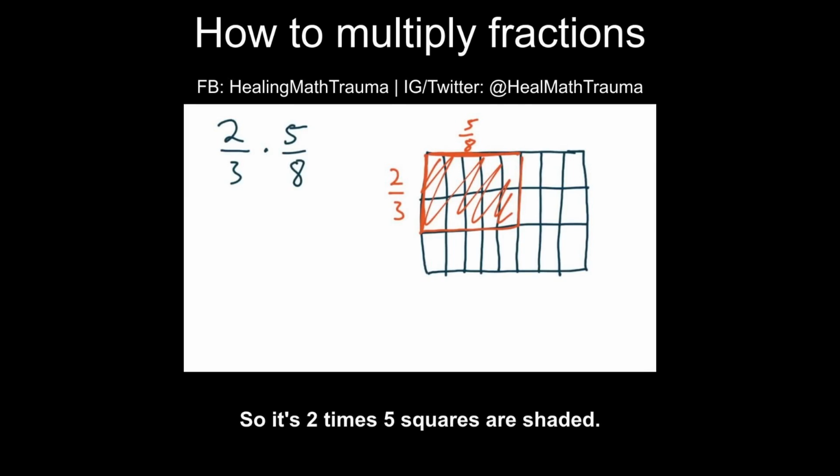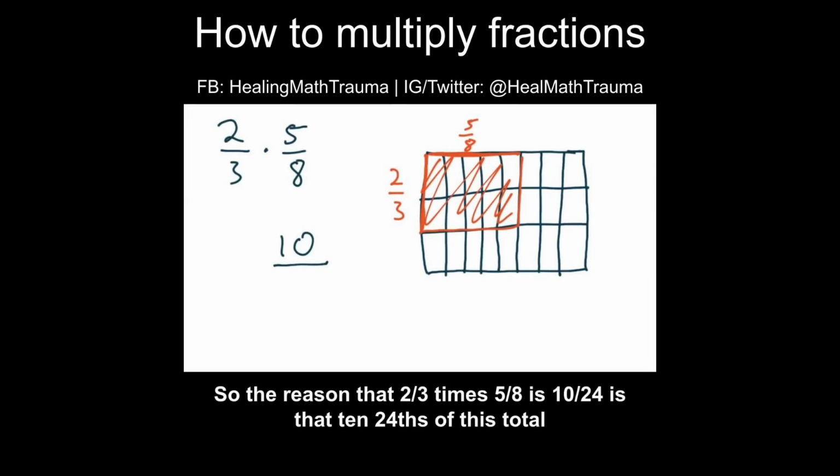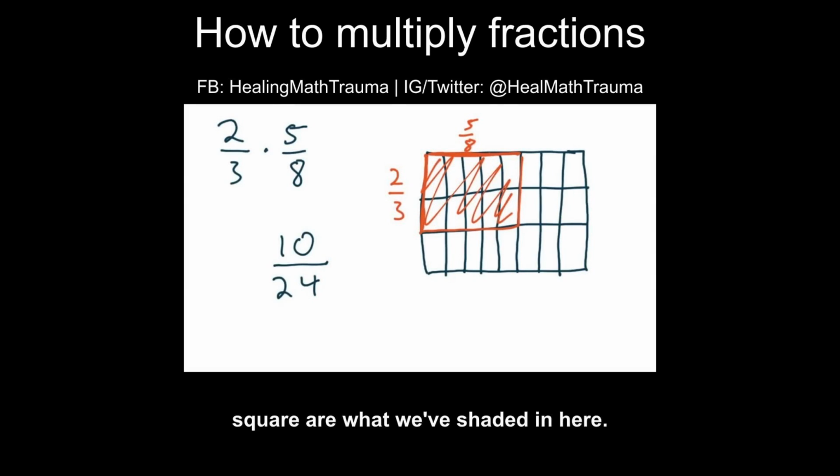So it's 2 times 5 squares were shaded out of a total of 3 times 8 squares. So the reason that 2/3 times 5/8 is 10/24 is that 10/24ths of this total square are what we've shaded in here.